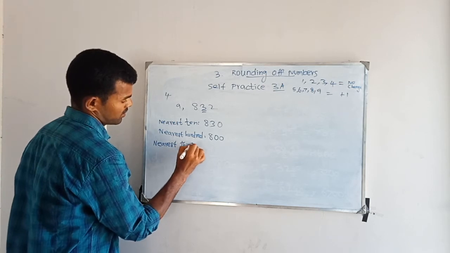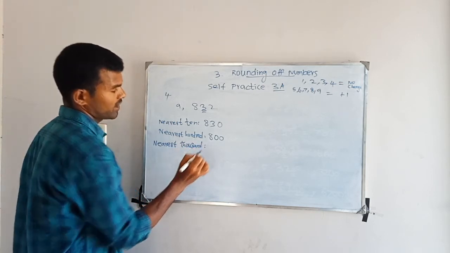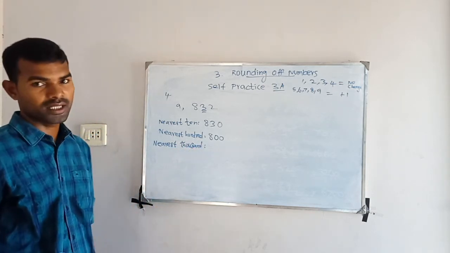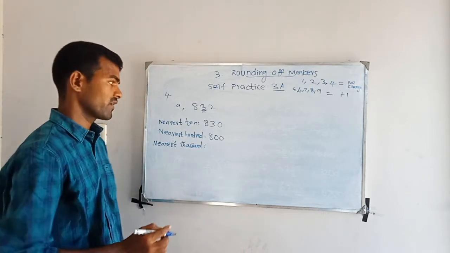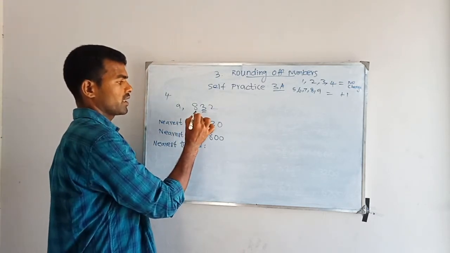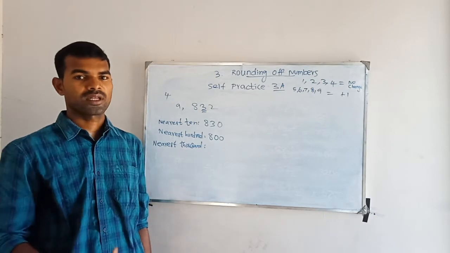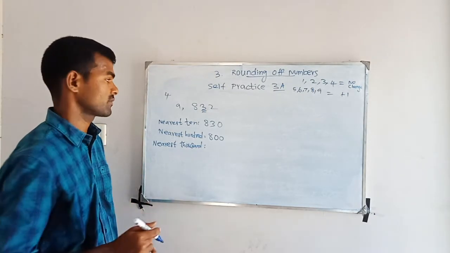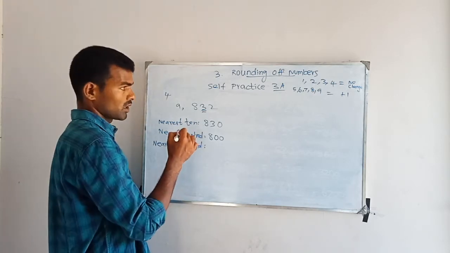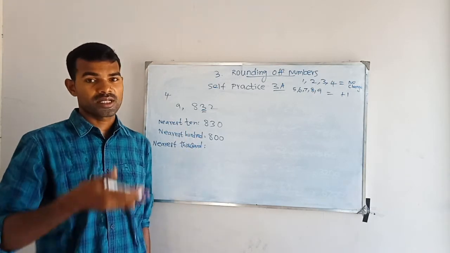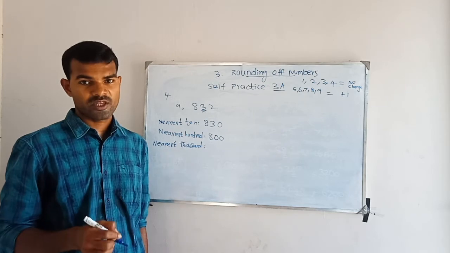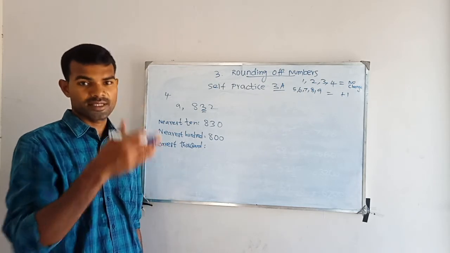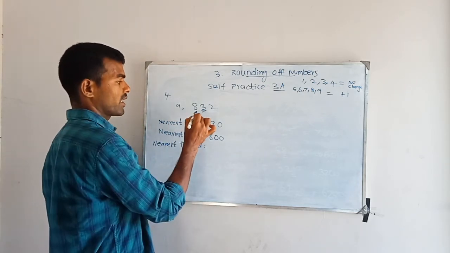Nearest 1000. So what is the nearest 1000? 832. It's 1000 or 2000 or 3000. What is the answer? Nearest 1000 you have to tell. To round the number to nearest 1000, you have to look at the hundreds place.